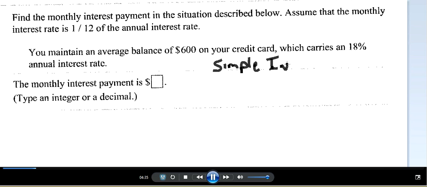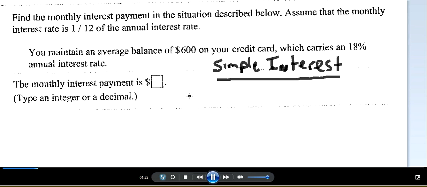We use this when they're not mentioning the word compound. There are 2 different types of interest problems: compounding interest, which we're going to be doing a lot of in this chapter coming up soon, and then this simple interest.